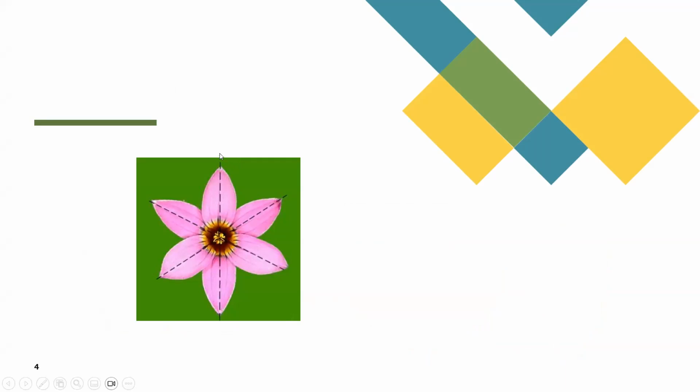So along the different petals, by bisecting, you get a symmetrical flower. So these are symmetry in nature, right? We call this a symmetrical object.